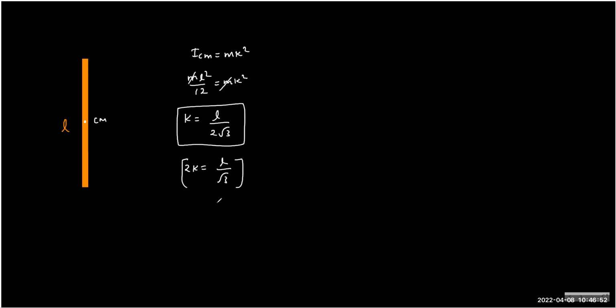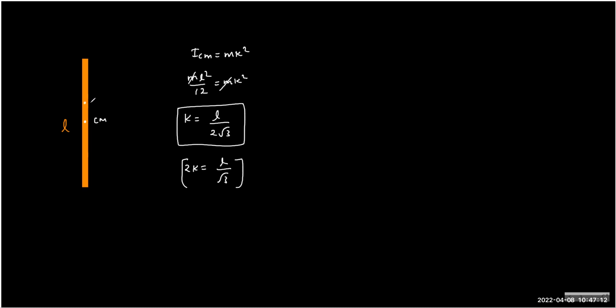Nice. Okay, so where must we put the suspension? We know the answer is that for the point of suspension, the L must be equal to K, that is the distance between the center of mass and the point of suspension must have this relation.